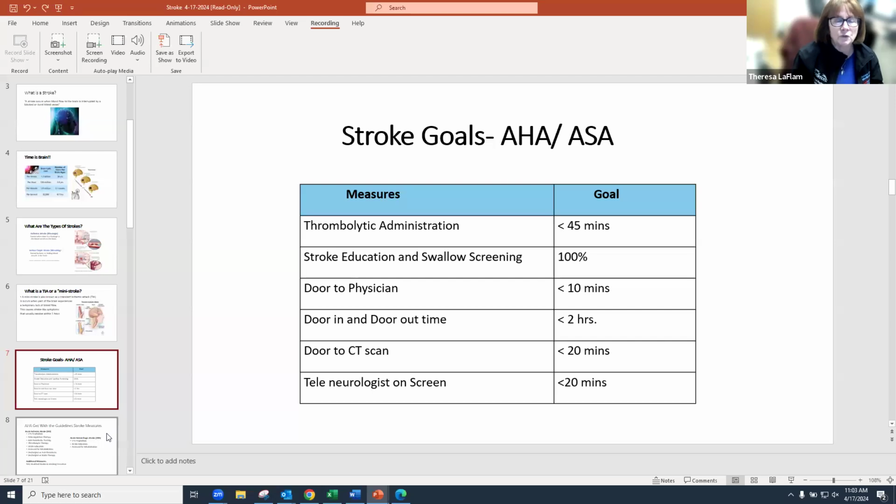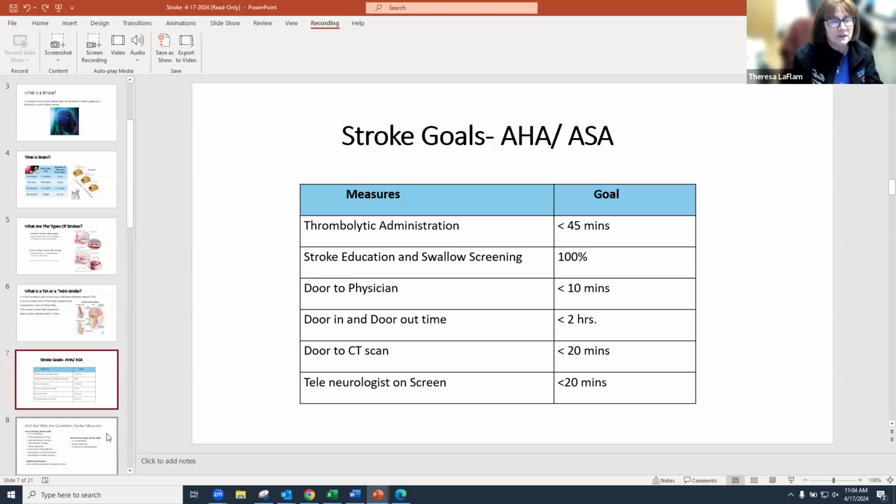So we don't want to waste 15 minutes. Why shouldn't we try for our goal to be 45 minutes? Get it in as fast as possible, as safely as we can. We check labs, and we do our CAT scan of the head to check imaging. Once we do all those things, speak to the patient, and get that drug in, our goal is always 45 minutes.